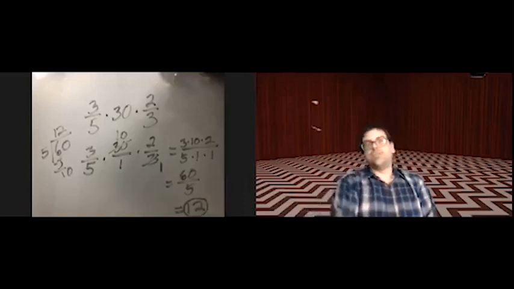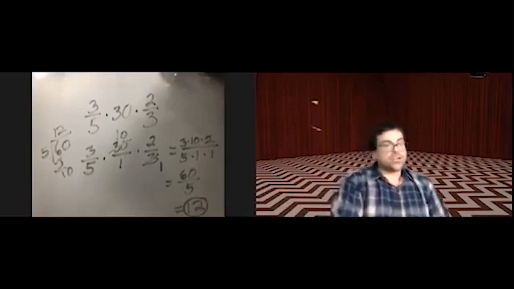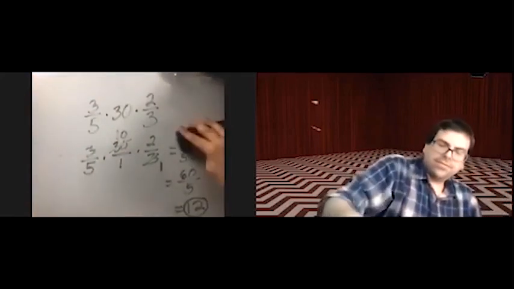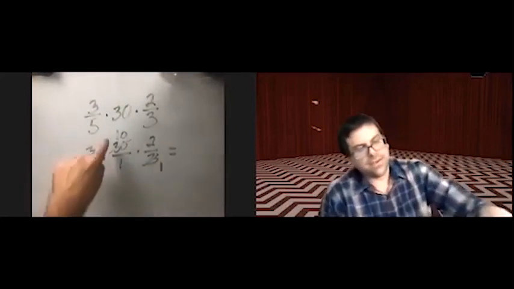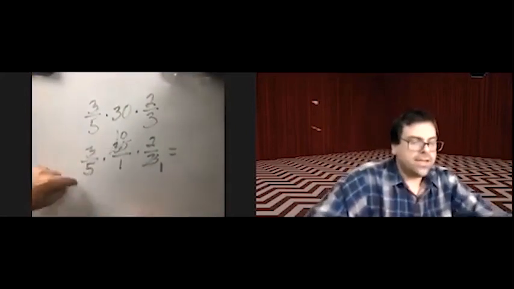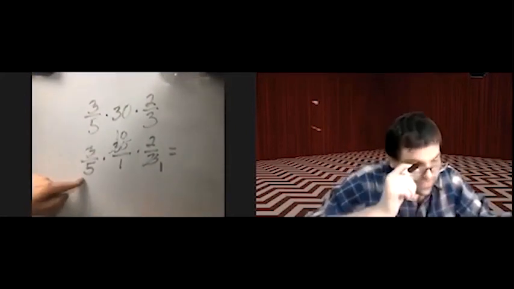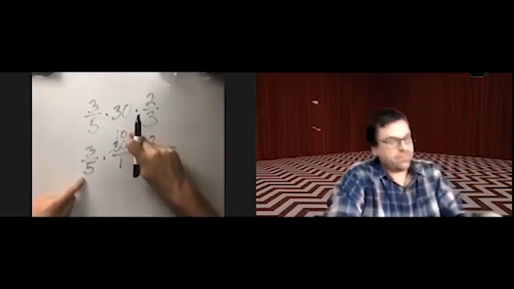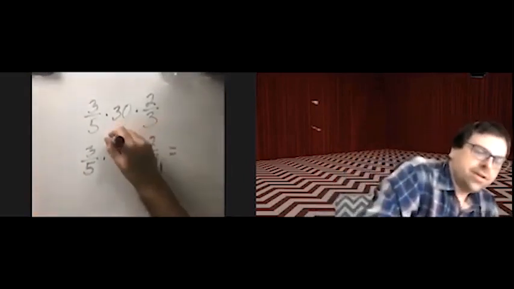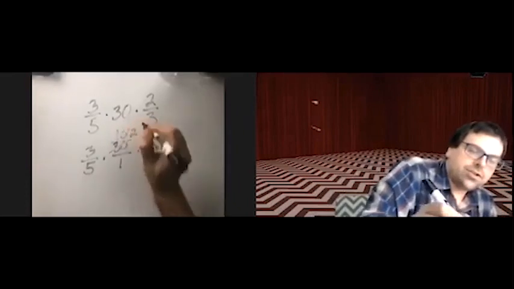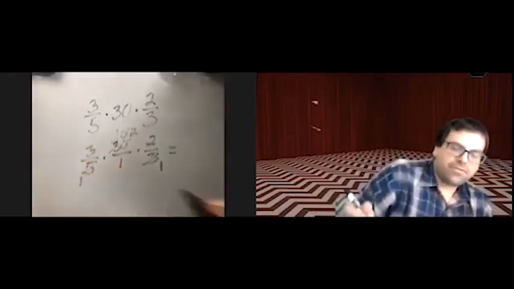Why did I still have a reducing step? It means I probably missed something else that could be canceled. And sure enough, I did. You also could have canceled completely. The 10 that we got can reduce with the 5. 10 and 5 are both divisible by 5. 10 divided by 5 is 2. 5 divided by 5 is 1.